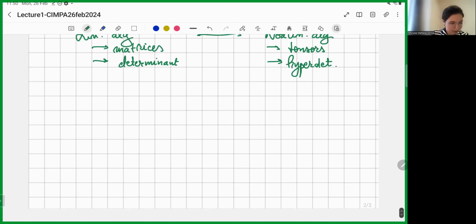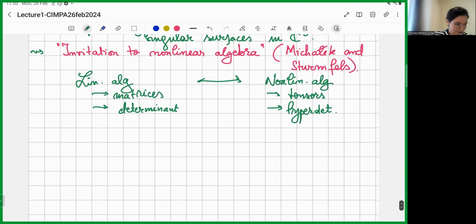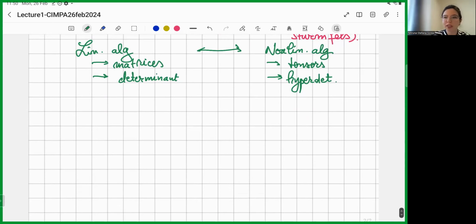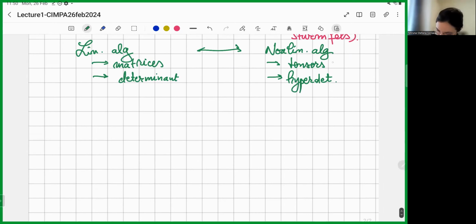I don't go into many details about tensors, but there is a whole chapter about these objects in this book. Very interesting, and they are fundamental objects currently, for instance, in data science. They appear in many branches of mathematics. Tensors are multidimensional arrays.